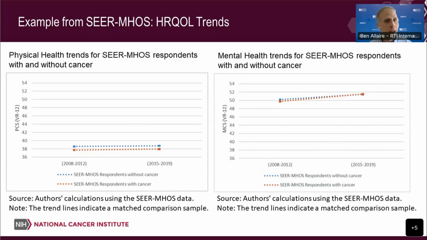Now the dotted lines, the orange one is for those with cancer, and the blue one is for those without cancer. And you can see on the left-hand side that the trends in here are mostly positive. It's slightly upward sloping. It's maybe a little bit hard to tell, but it is slightly upward sloping.